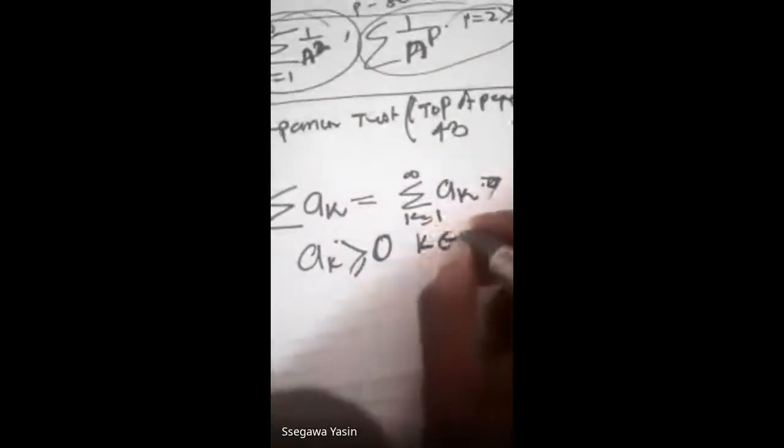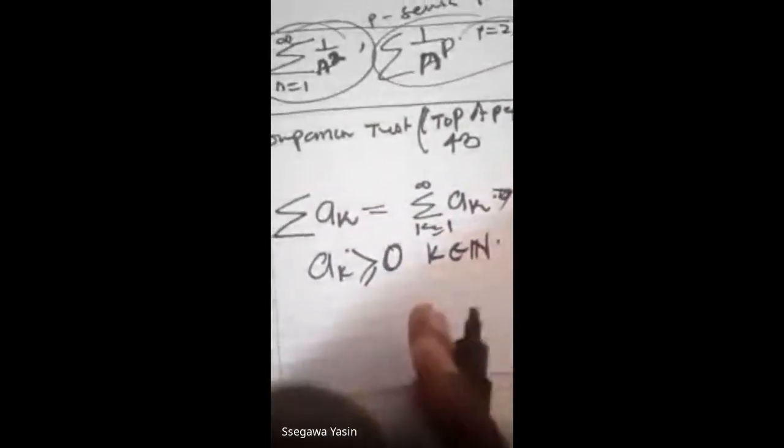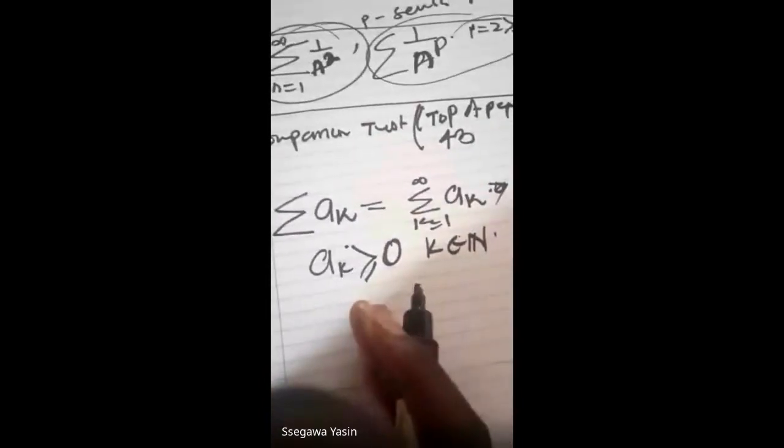Sometimes we can allow that k comes from N, meaning that we don't want negative terms.